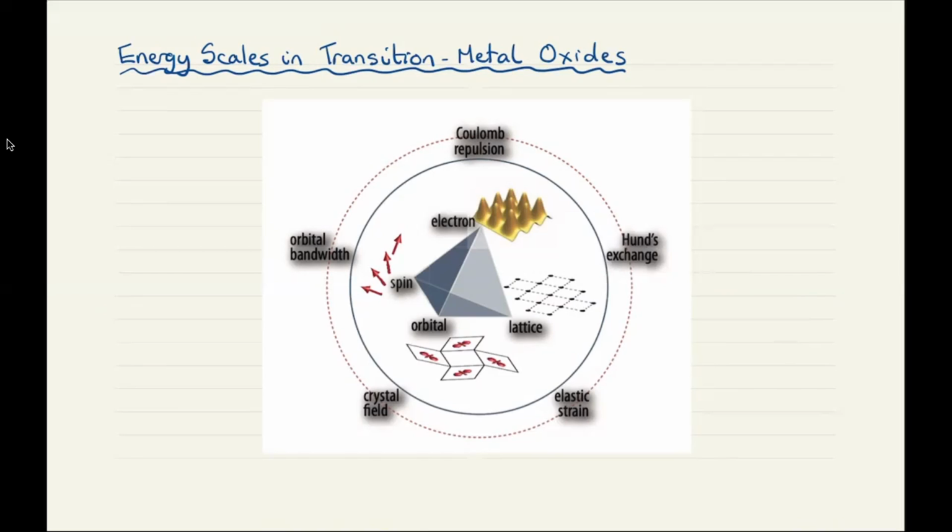So being able to say that really the only important competition is between Coulomb repulsion and orbital bandwidth, which would be really a classic Mott transition, is very difficult because whenever one changes the crystal field or the strain or the Hund's exchange, one also then affects these other properties as well.